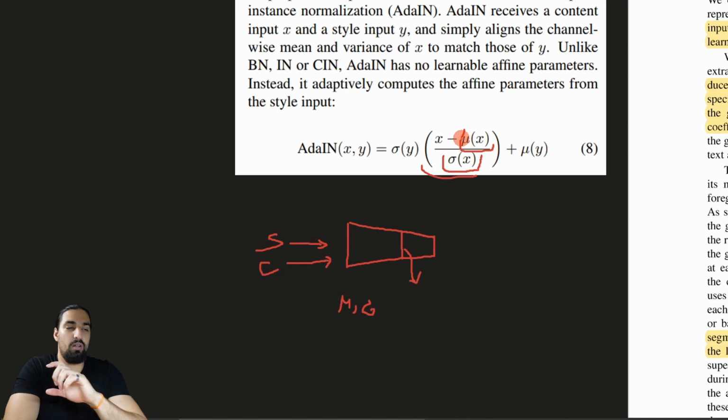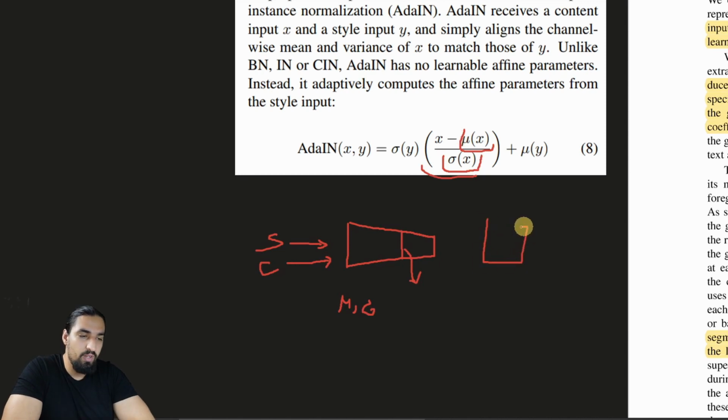So you have a feature map here, and just going over the height and width features, they find these mu's and sigmas, normalize the content feature map, and add the corresponding standard deviation and mean from the style image, so from this one. So those are the cached values.